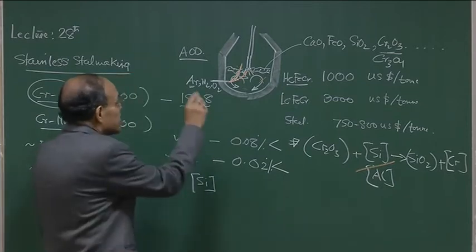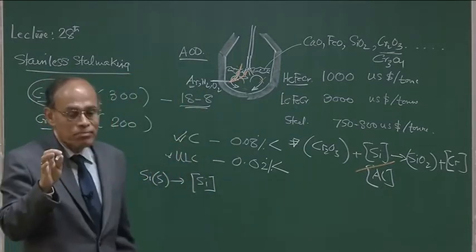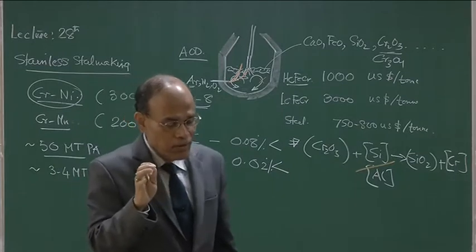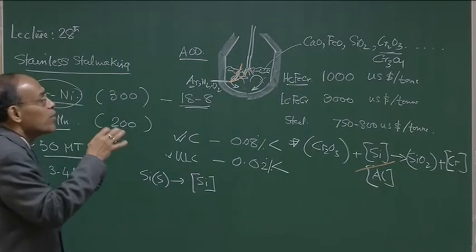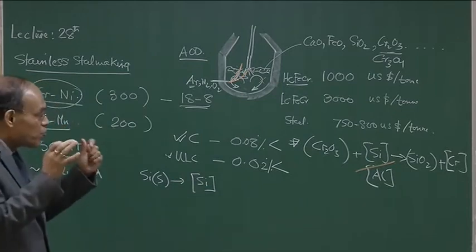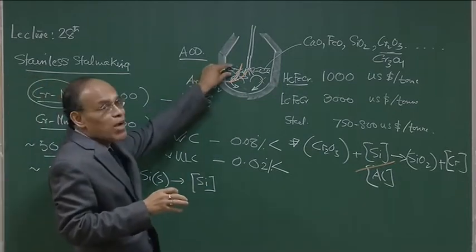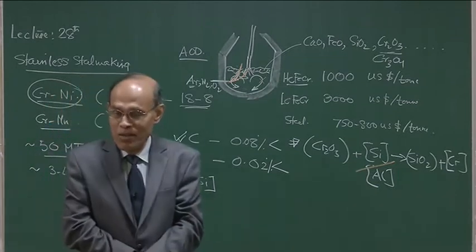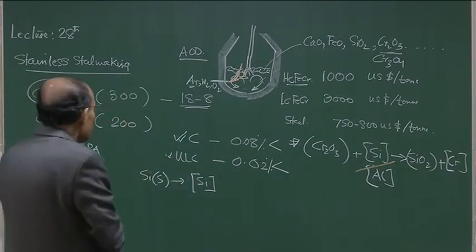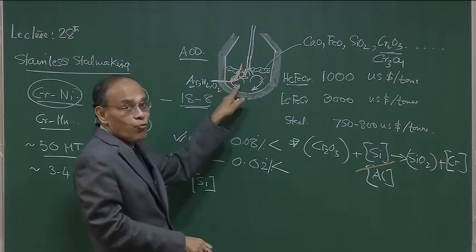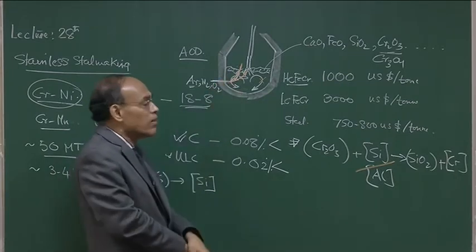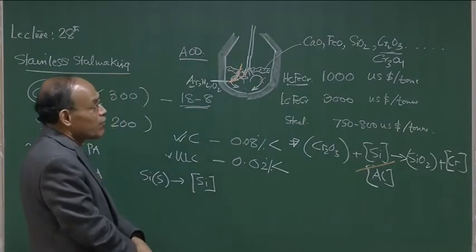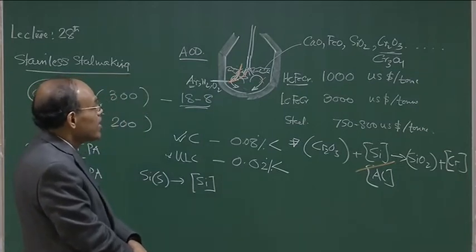So, this is a classic example of an oxidizing slag converted into a reducing slag. Whenever the slag has some commercial value and contains an element which is also there in the melt, if you can win back that particular species from the slag phase itself, it is going to give you decisive advantages.